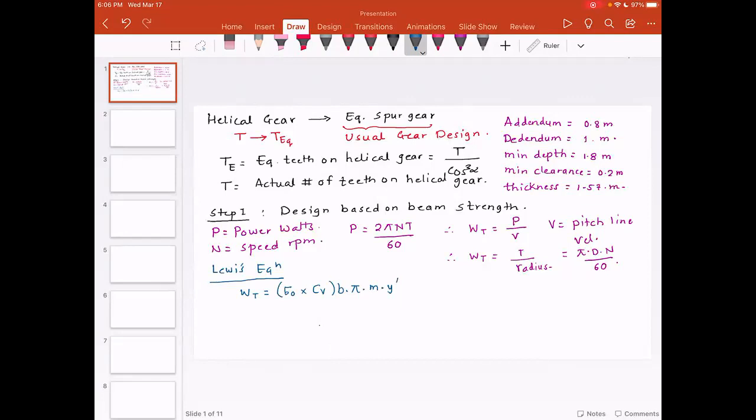Now, WT is a tangential load. So we got it from here. This is the tangential load. Then sigma O is the allowable stress.